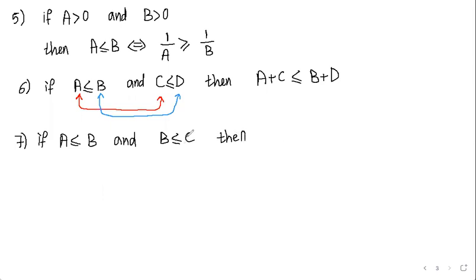So this means A is less than or equal to C. Look, A is less than B and B is less than C. This means A is less than C. These are the only 7 rules we have to know. Any question for these rules?